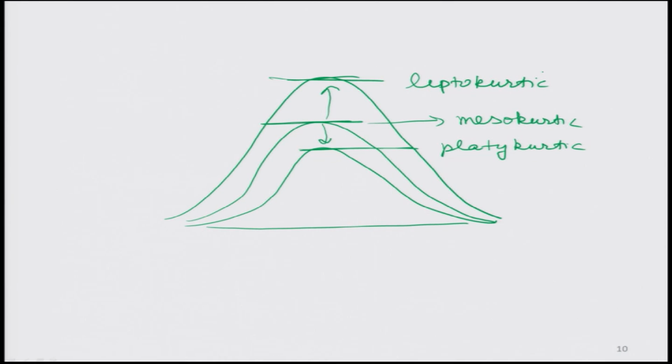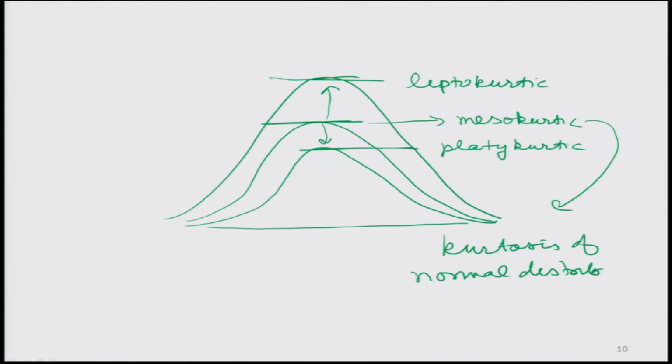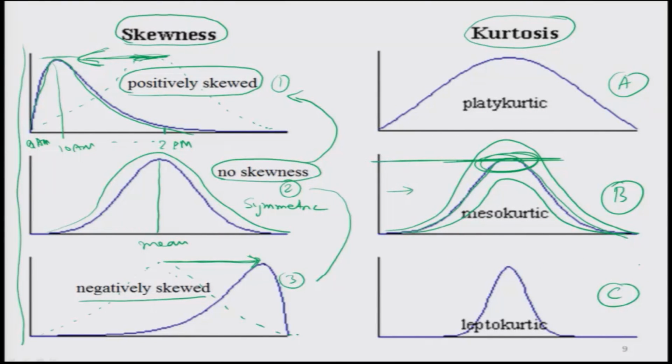Mesocurtic is the kurtosis of normal distribution, right. So, this is how we try to classify the distribution of the data with respect to hump.